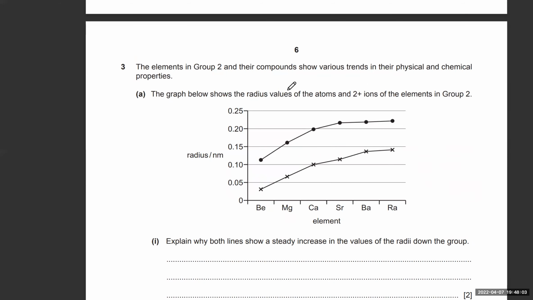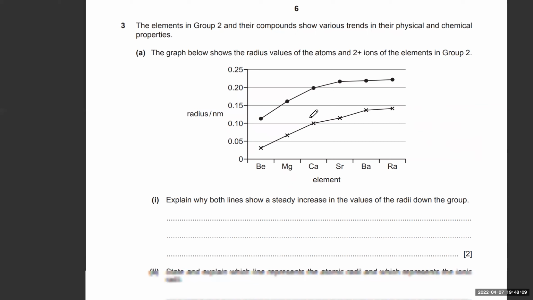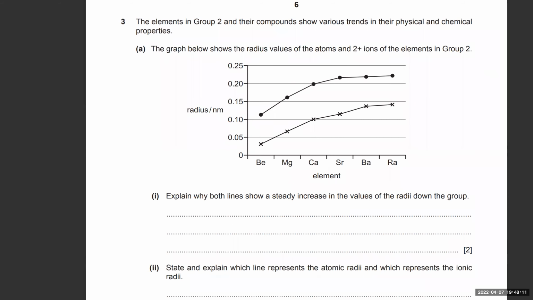The graph below shows the radius values of the atoms and 2+ ions. Which line belongs to the radius of the atoms and which line belongs to the radius of the ions?